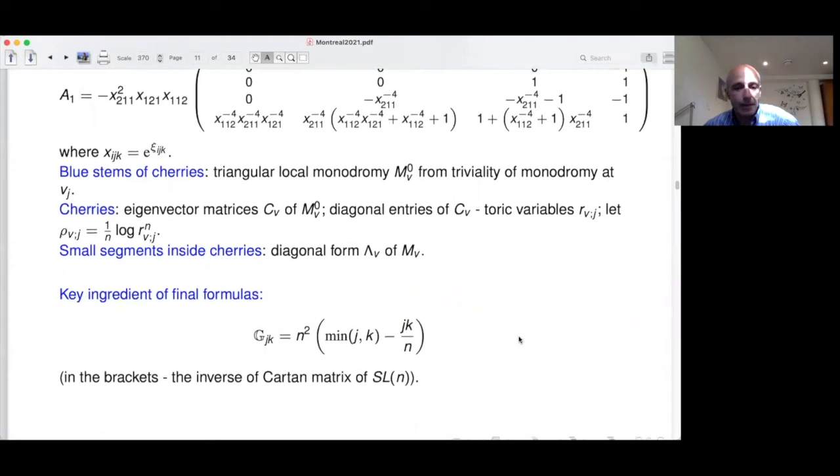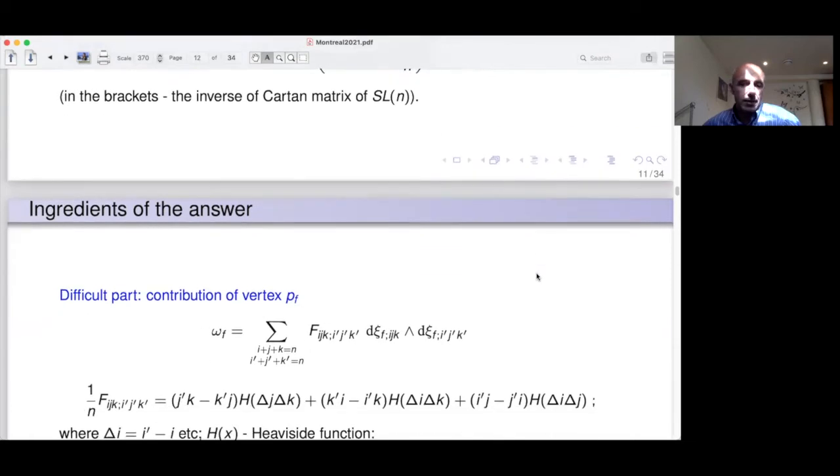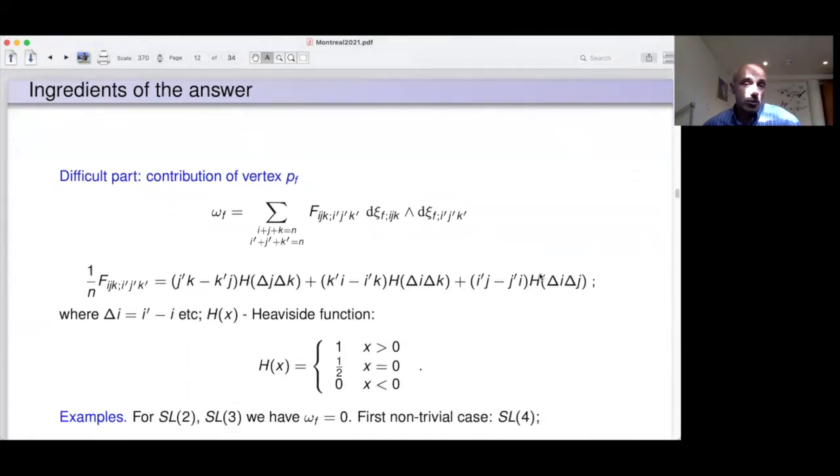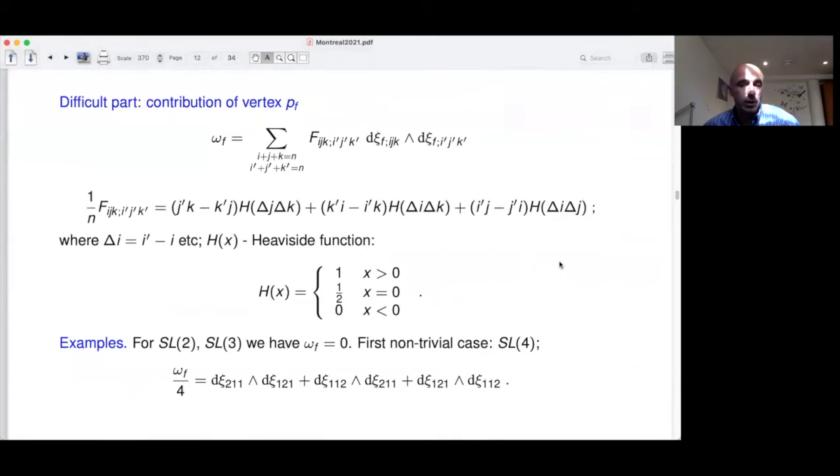And having this matrix G, one can write the answer. The most non-trivial part here is to compute the contribution of the center of each face in terms of the face variables. This part is absent in SL2, it's absent in SL3. It starts from SL4, right?